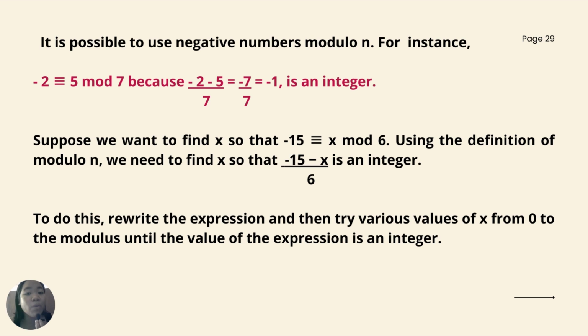We just should not go beyond our modulus. Our modulus there is 6, so we should not go up to 7 in our substitute values for trial and error.